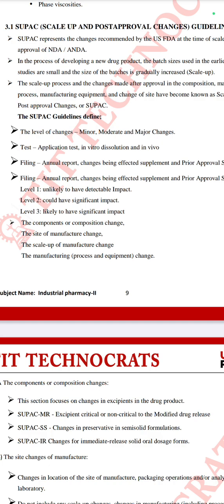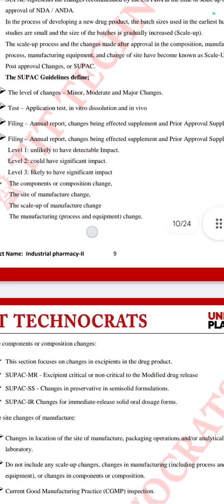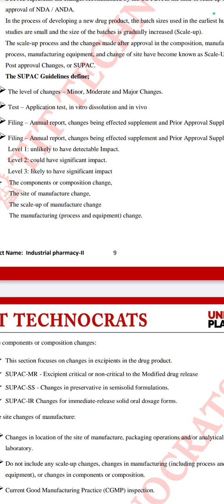For the approved product, what is the annual report for that product? Changes being effected, supplement and prior approval filing. Annual report changes, if any changes are required.